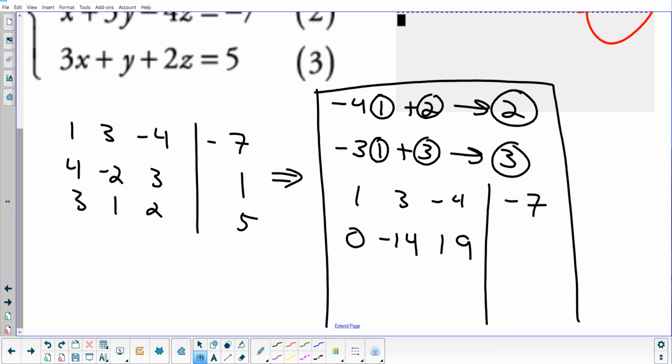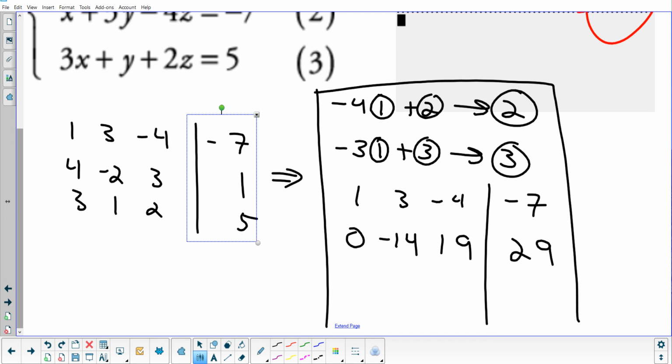Don't like that. Times -4 here gives me plus 1. All right, let's double check that row. I think those numbers are what they are, but so that was 0, -12 minus 2 is -14, 16 plus 3, and 28 plus 1.